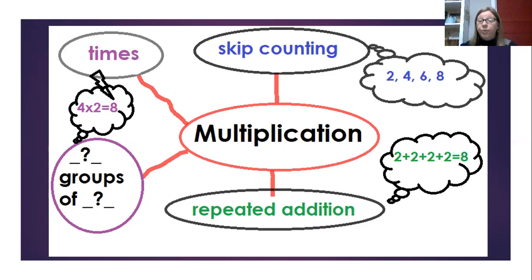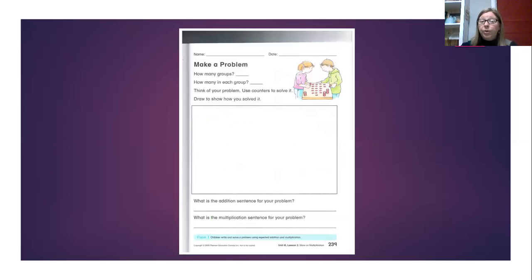There are 4 2's and it equals 8. Of course, if your collection was not grouped into groups of 2, then the repeated number needs to be different. Perhaps your repeated number needs to be 5 if you grouped by 5s.